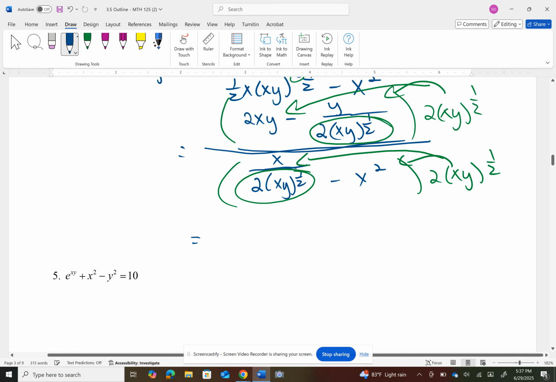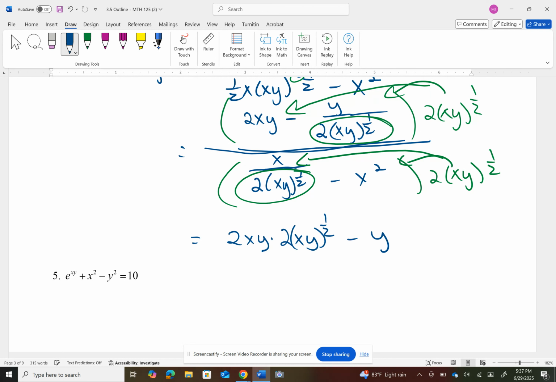So top left is going to have a 2xy with another xy, another 2xy, another 2xy all raised to the 1/2 power, and then just minus y. So it knocked out that little denominator.